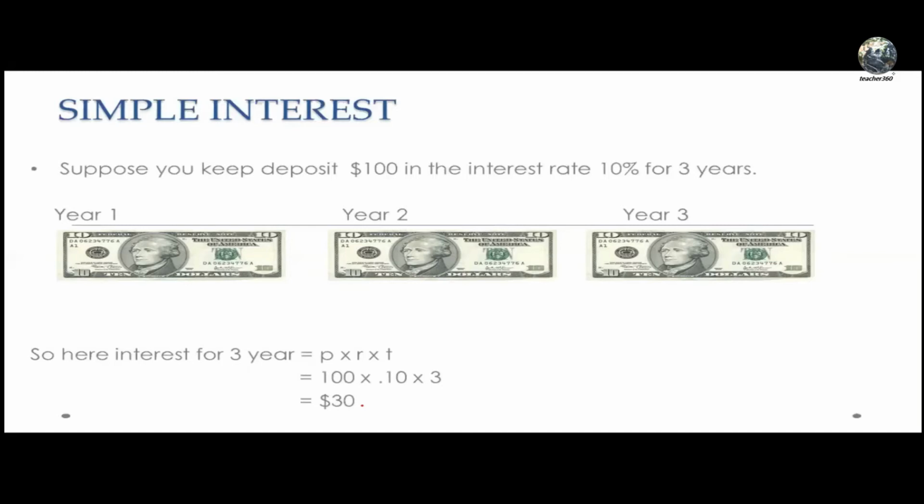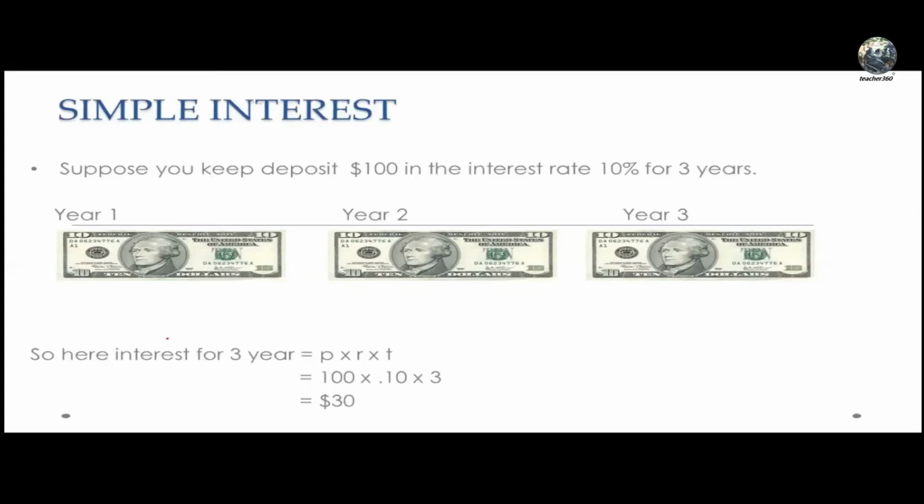You have to remember that for simple interest, your amount of interest will always be the same if your interest rate is the same.